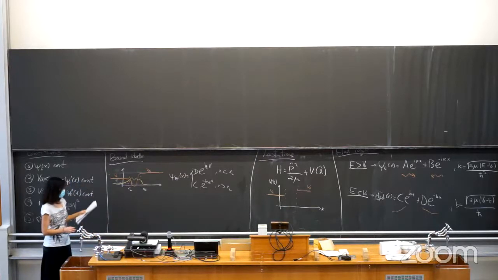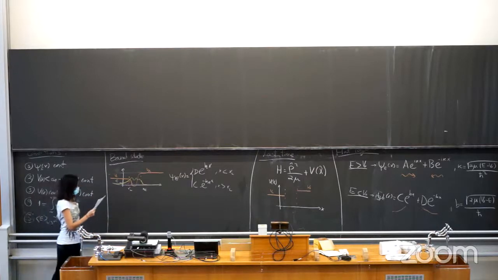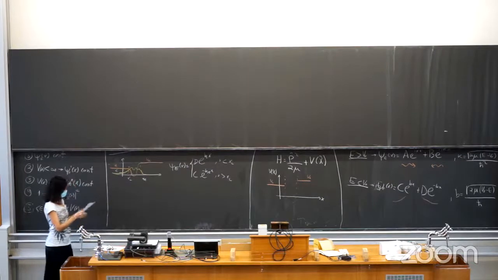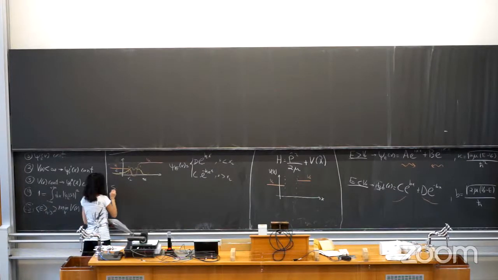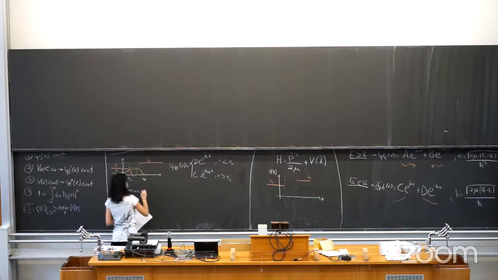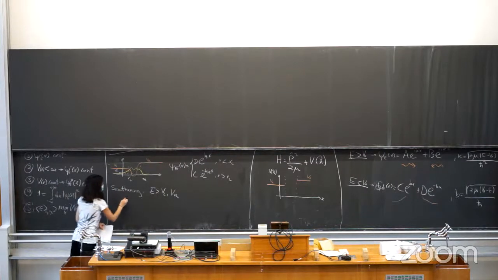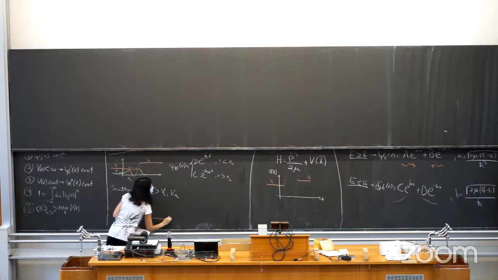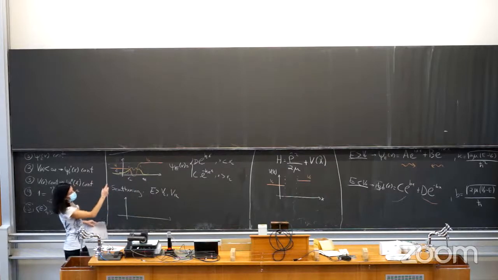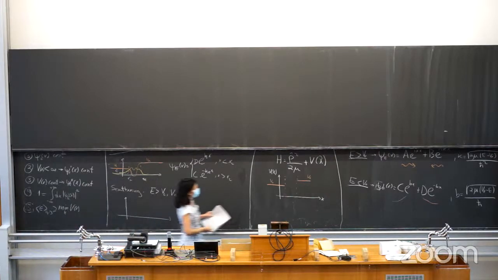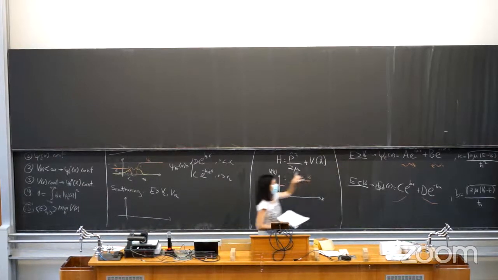So then we look at scattering states, and this is when the energy of the state is larger than both VL and VR. So in this case, we are oscillating on the left and on the right in this solution. So we have a sum of exponentials on both sides.